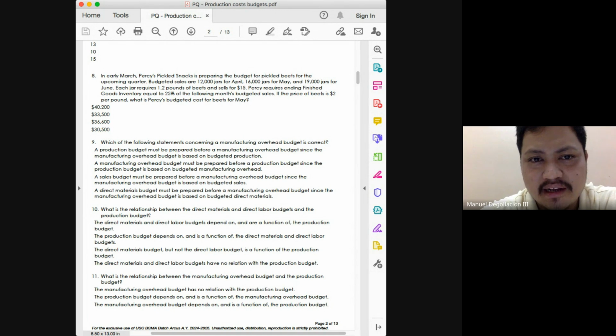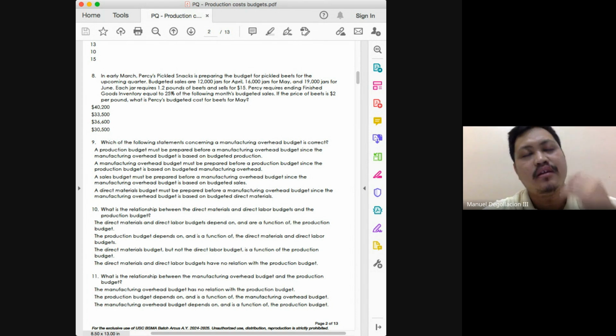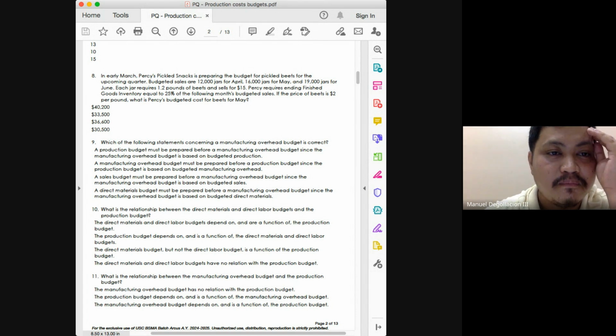But technically, these are not the numbers that we need for the materials. We're just using the budgeted sales. If we focus on the number of pounds that we will have to purchase, we will have to multiply these figures with 1.2. Why 1.2? Because the problem tells us that each jar requires 1.2 pounds of beets.